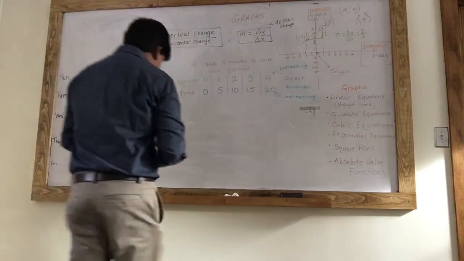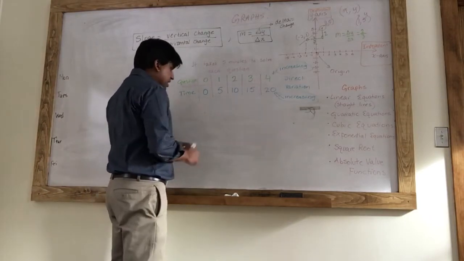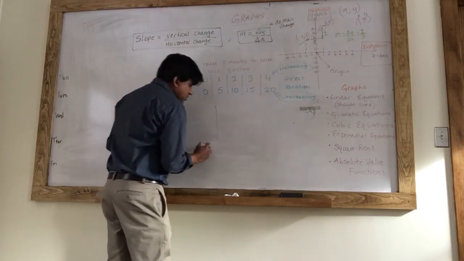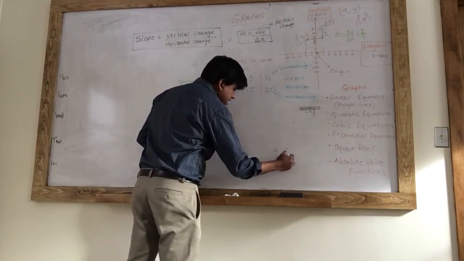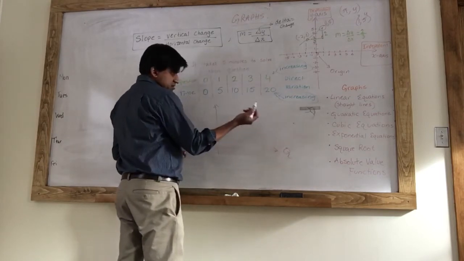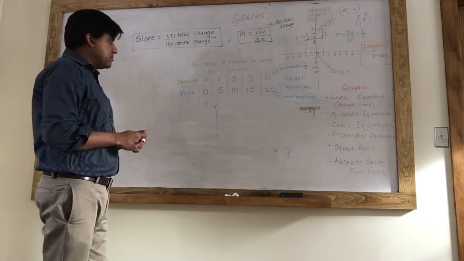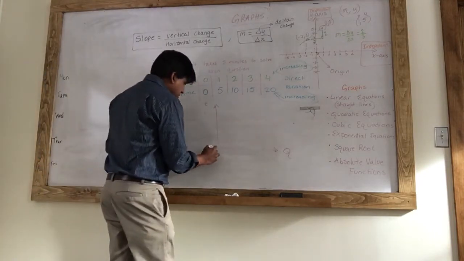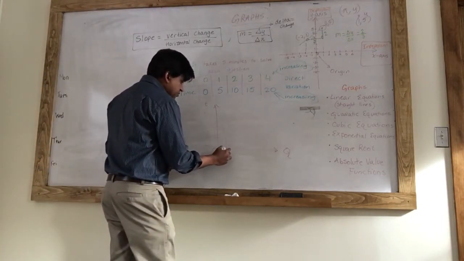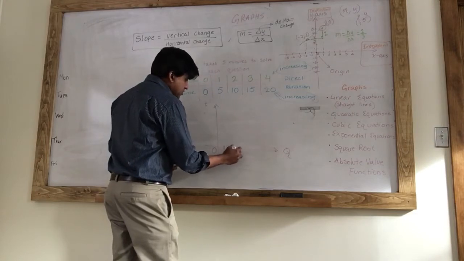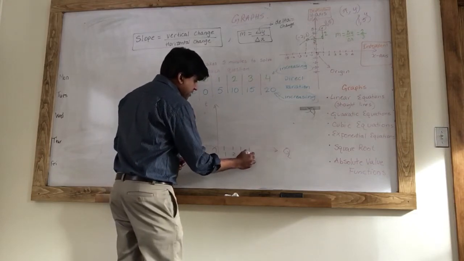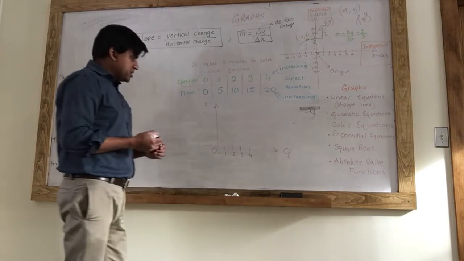Let's plot this graph and see what we get. We'll have our questions on the x-axis. Let's name it Q, and let's name this T. So what questions do we have? 0, 1, 2. We are depending on the question. So this is my axis.